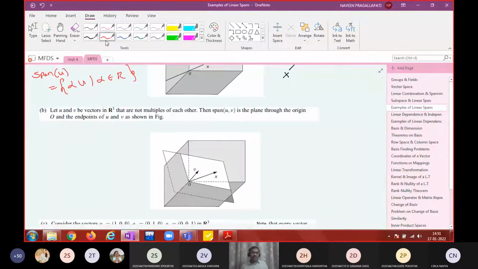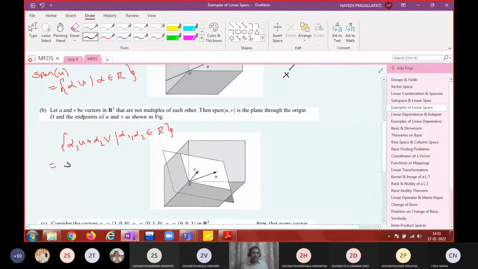What is the linear span of this? Alpha 1 u plus alpha 2 v, such that alpha 1 comma alpha 2 belongs to the set of real numbers. This is a subspace. This is a space generated by u and v.